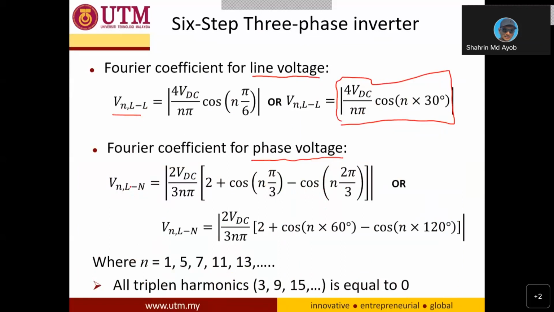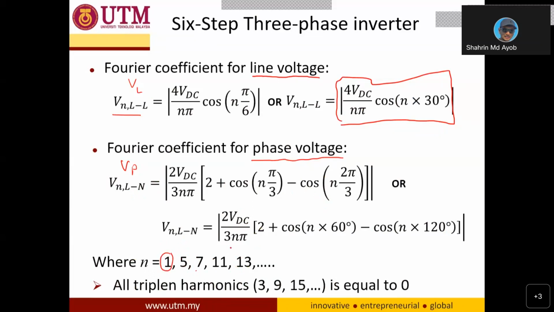This one is your V phase, and this one is your V line. The number n here starts from the fundamental, which is the desired voltage component, and then 5, 7, 11, and 13.